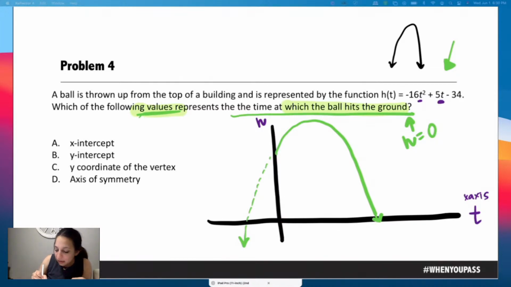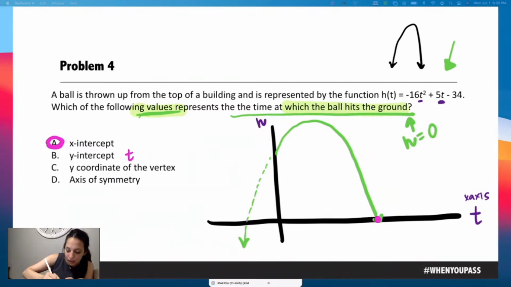So when my height is 0, I'm looking at my x-intercept. When my time is 0, what am I looking at? My y-intercept. Time equals 0 is your y-intercept, or your starting point.